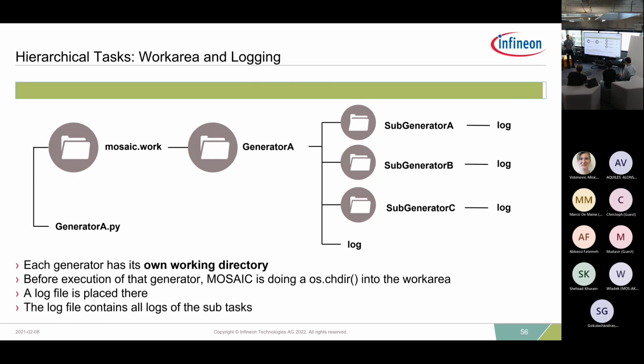And it's actually hierarchical. So if you now have additional subgenerators, we have this directory structure here, and each of them has the log again. And currently the log entries of those you will also see in here. So on the upper hierarchy, you see everything, and then you can go down if you are maybe interested only in the results of subgenerator A or whatever.